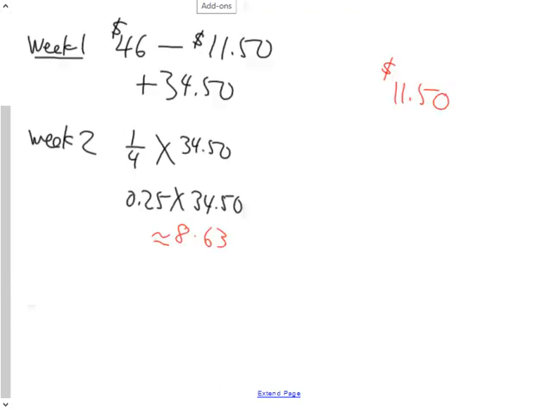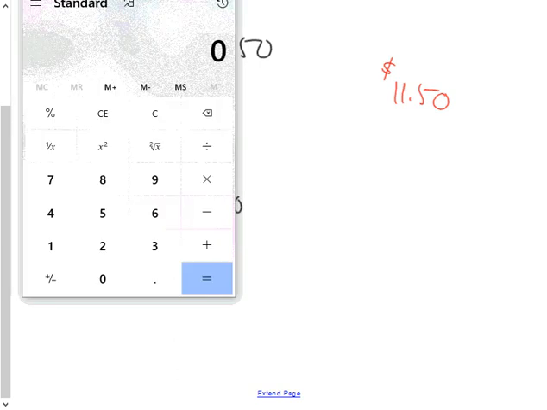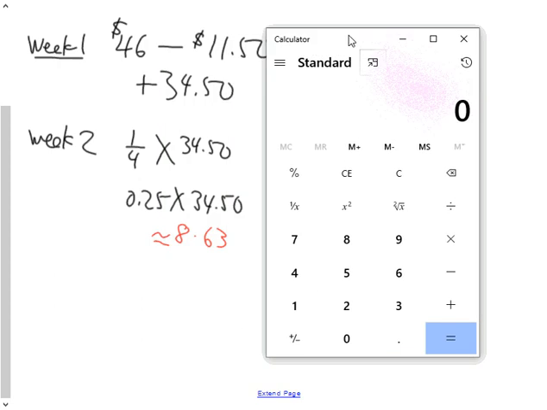So if that's your service fee, we're going to take the $34.50. Where's my calculator? There it is. $34.50. I'll bring it over here. $34.50, which is what remained in the bank in week 1. Take away the $8.63. After week 2, there is $25.87 remaining in the bank account.